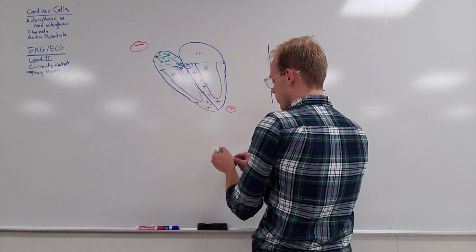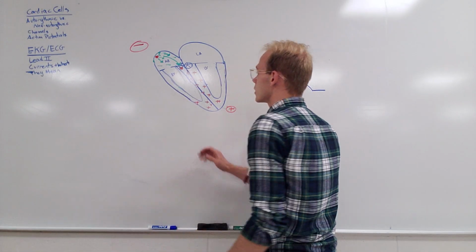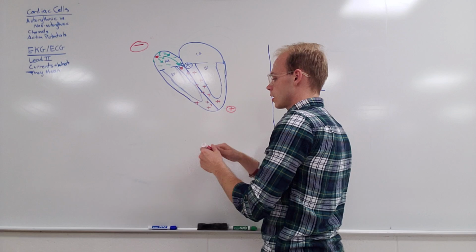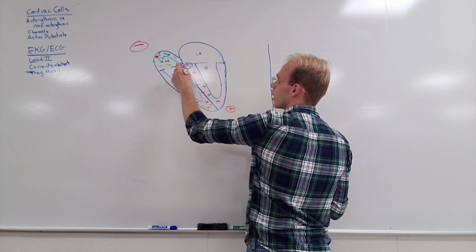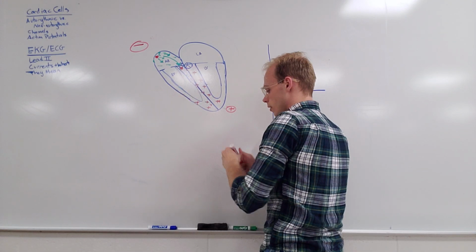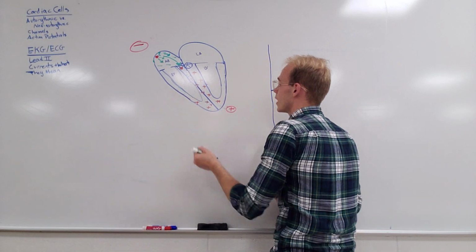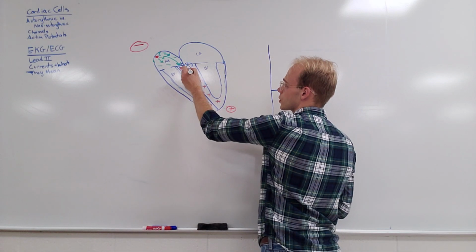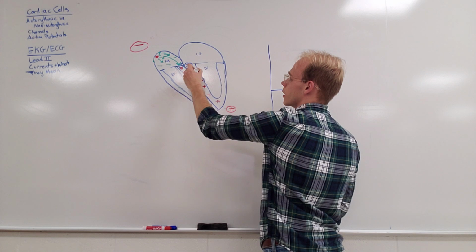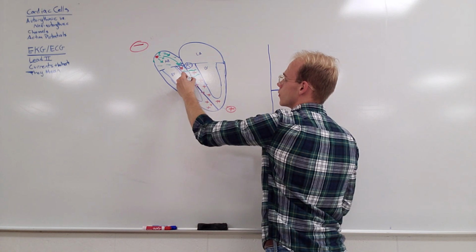Okay, so that happens, and then the AV node sends a signal through your bundle fibers. And if you remember, I talked about how the bundle fibers on the left side depolarize faster than the ones on the right because I've got more cells over here. And so they start to send signals this way.